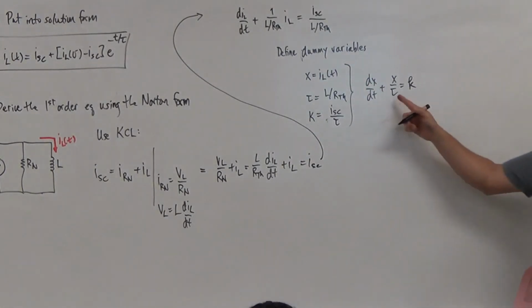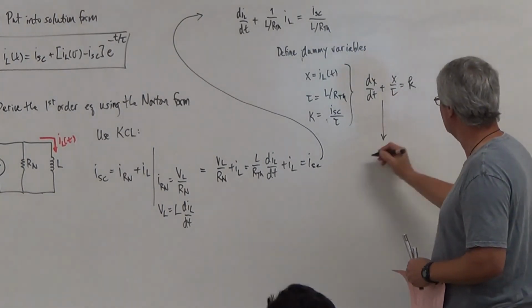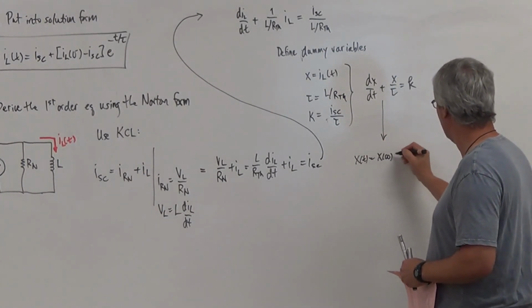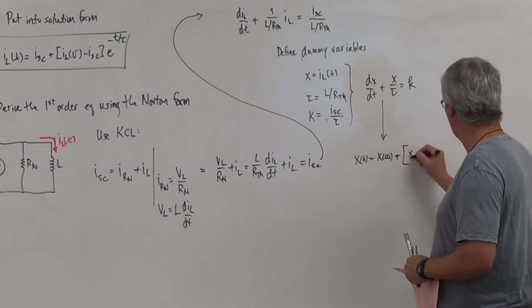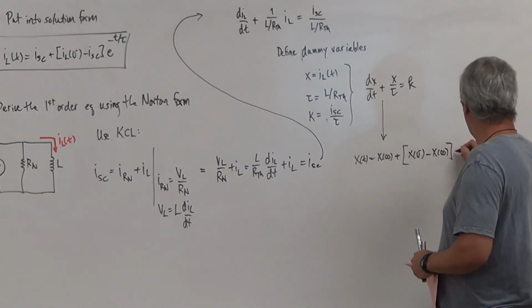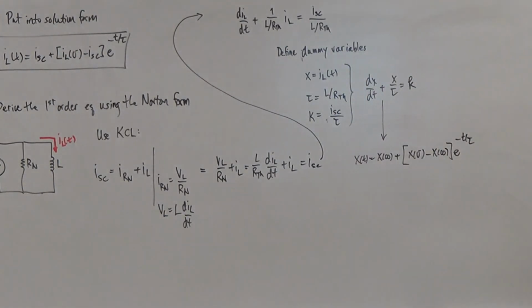And this is the exact same form of the first order equation that we got last time. So this tells me that the solution of t must be the solution at infinity, plus the initial value, like this. So I get the exact same form.